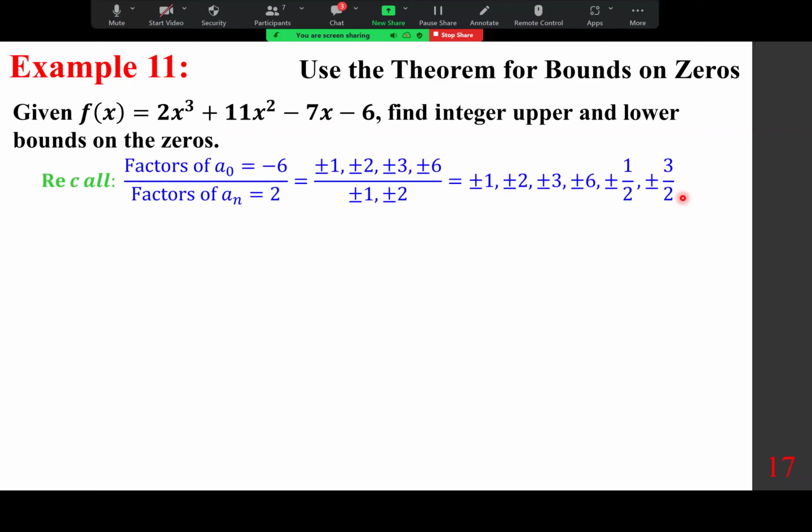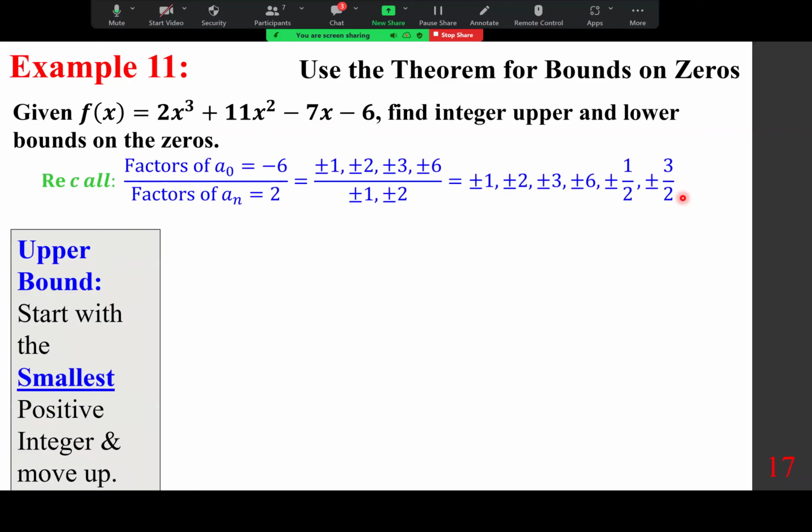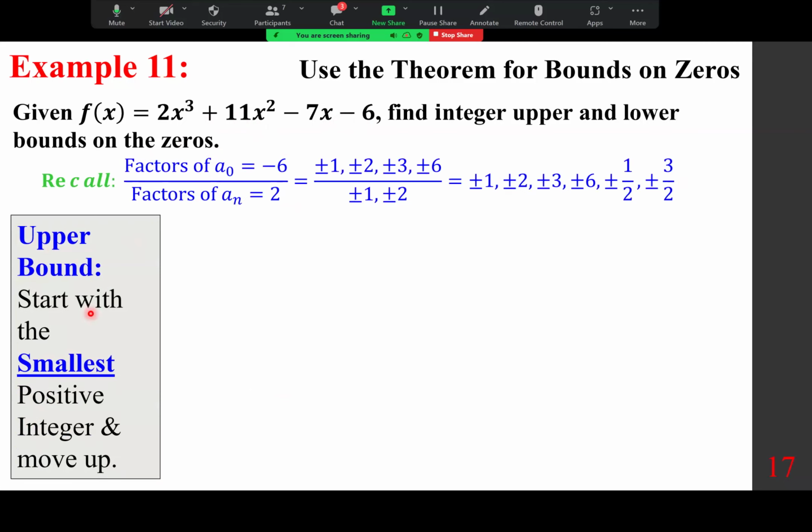So how do we find this? The process is, for the upper bound, start with the smallest positive integer and move up. The smallest positive integer is 1. We have positive 1, positive 2, positive 3. Because we want a bound, we go with the smallest of the two. So we go with 1.